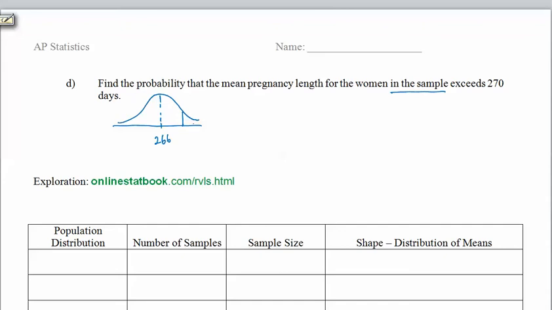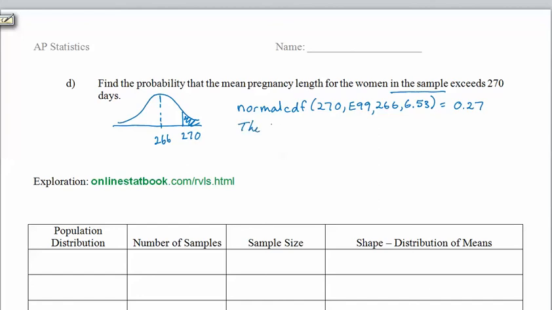Once again, we're looking at 270 onwards. And what changes this time is our standard deviation. Normal CDF, 270 to infinity. The mean is 266, but our standard deviation has switched to 6.53. So now we get 0.27.